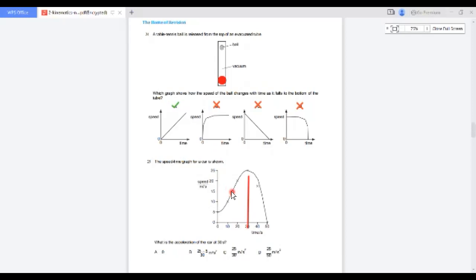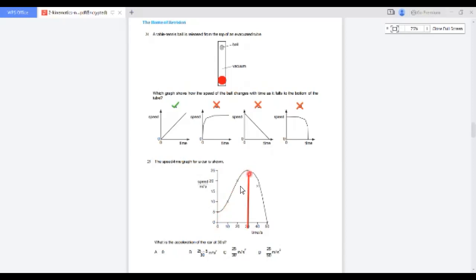You can see the velocity is increasing at this time. The direction is reversed. So the velocity is going to decrease after this point. For the question about 30 seconds, we can choose this point and this point. How much is the increase in velocity?